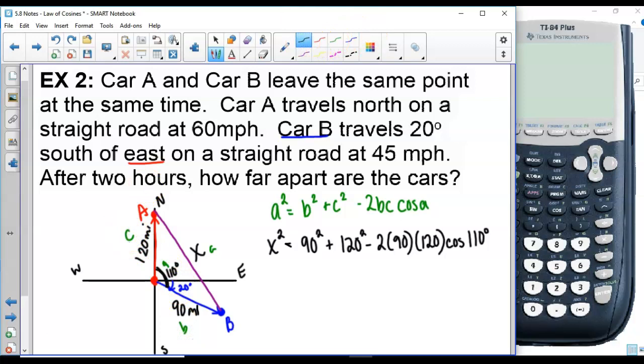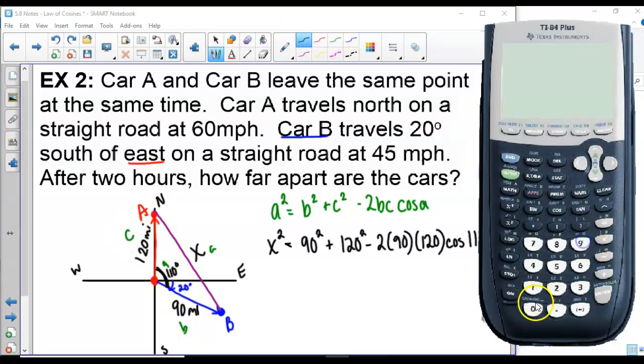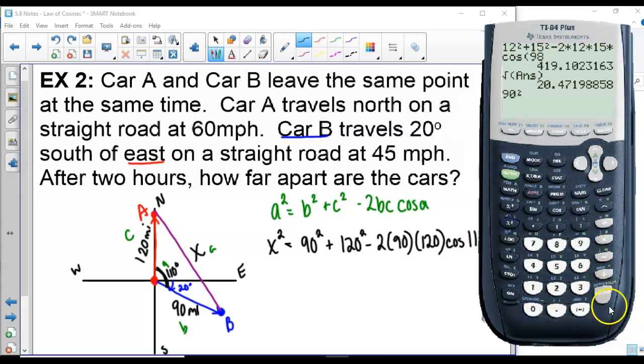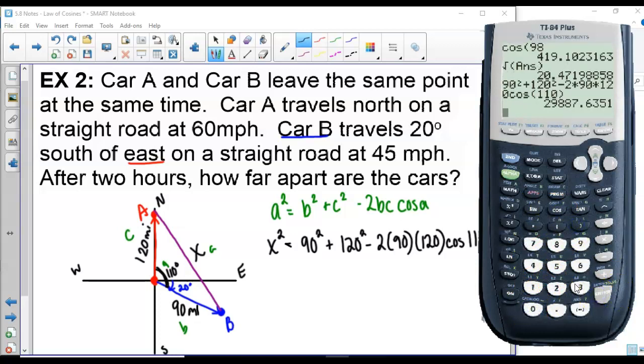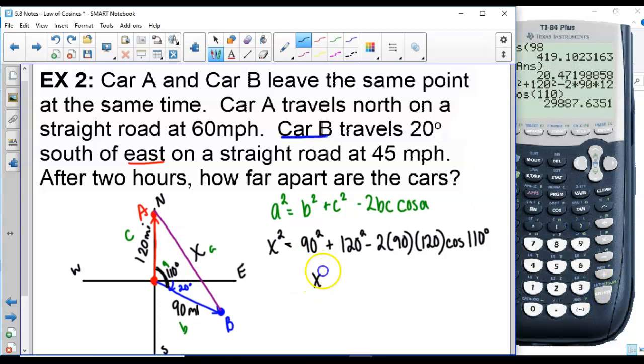So we're just going to type this into the calculator. We will have 90 squared plus 120 squared, or minus 2 times 90 times 120 cosine of 110. And so you get that huge number. That would not make any sense as your answer.